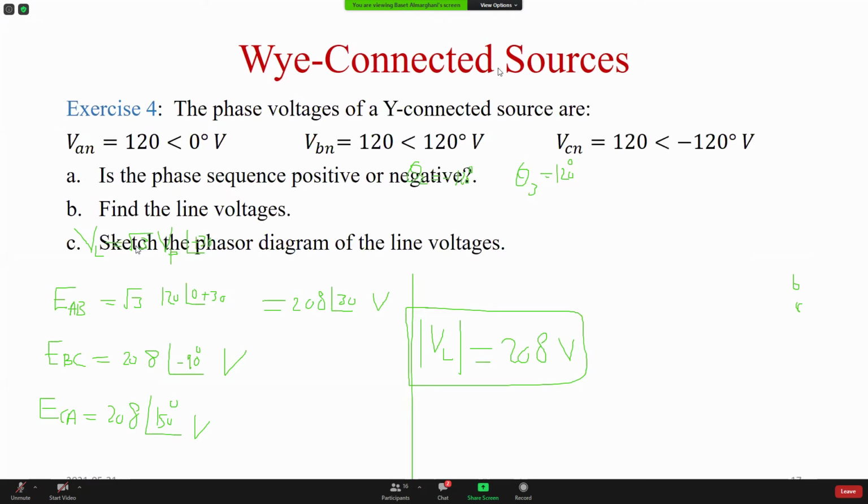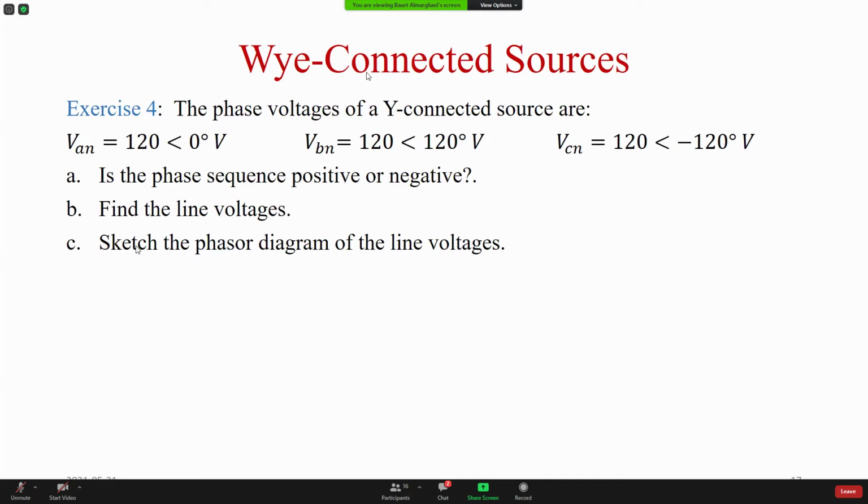Another example here. They give you the phase voltages of a Y connected source. Those are the phase voltages. Okay. Now what sequence is this? Negative sequence.